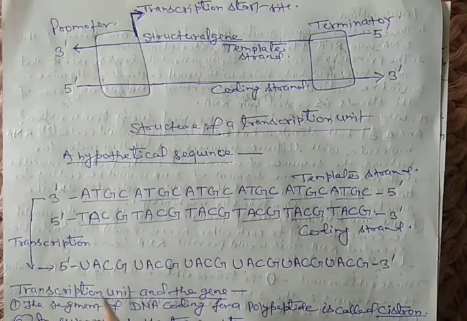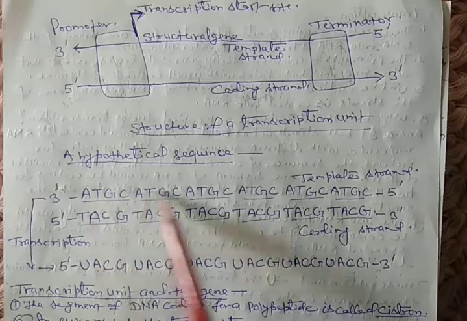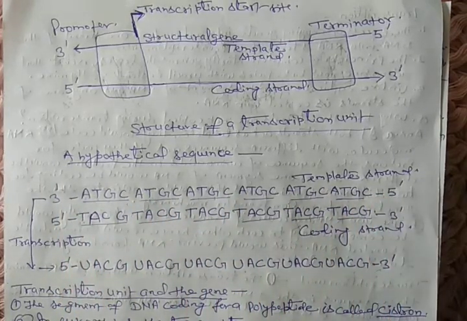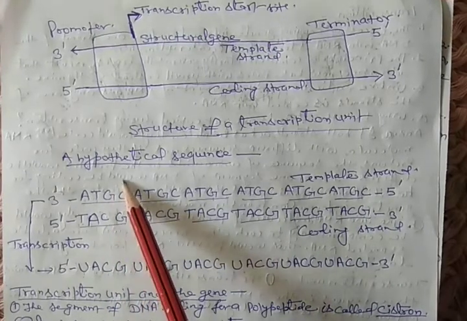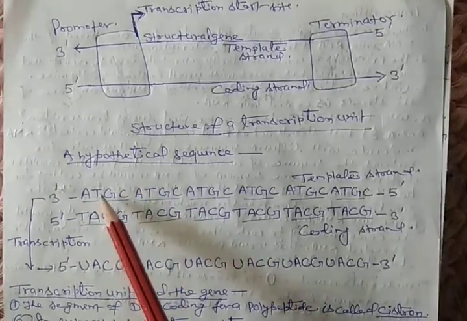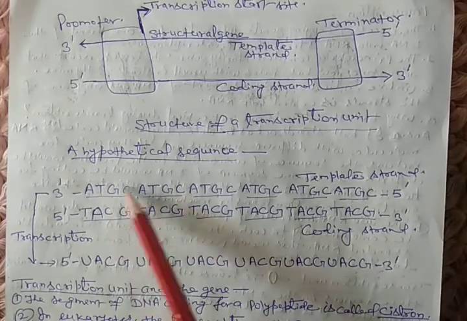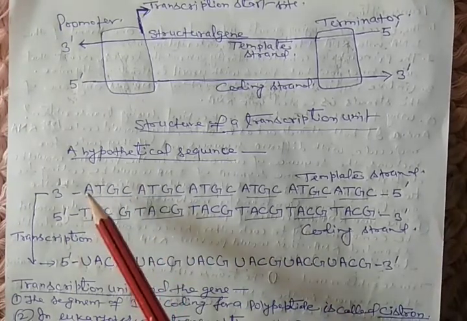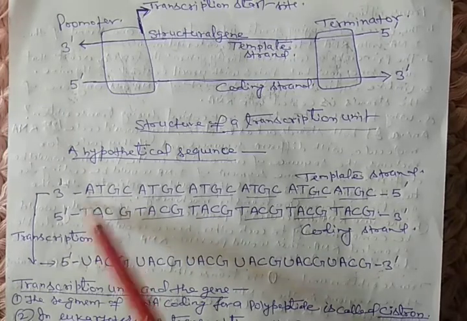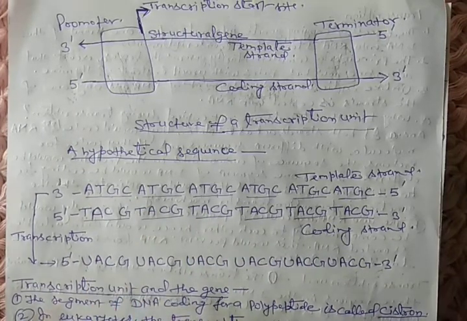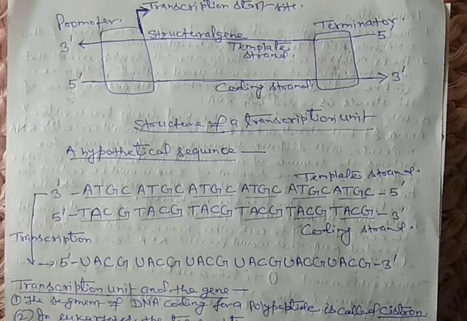For example, suppose this is the template strand, with polarity 3' to 5'. Now it is transcribed. You know that transcription follows the process of complementarity. It means if there is adenine in the DNA, then in the RNA there will be uracil, because in RNA thymine is replaced by uracil.